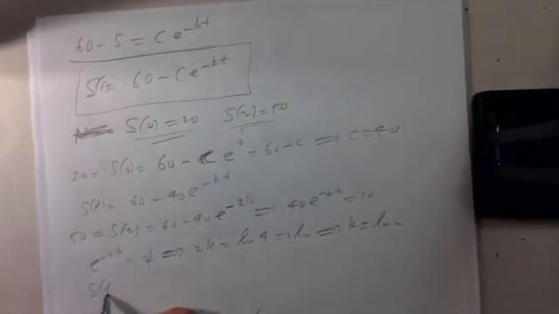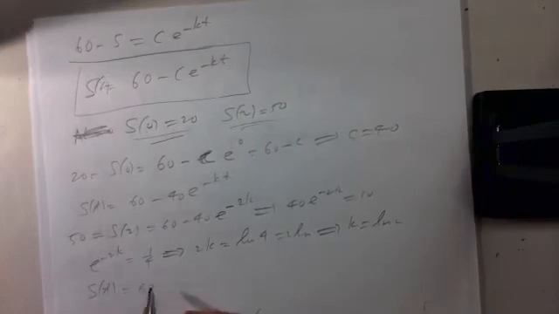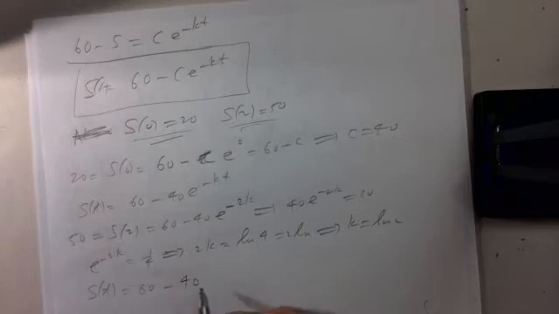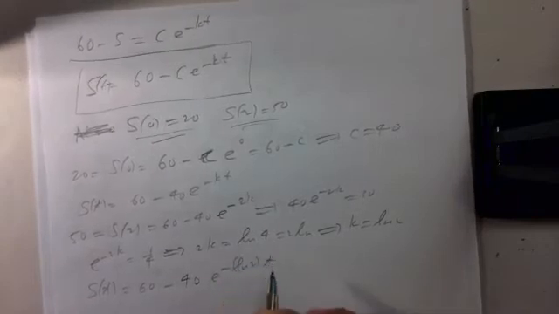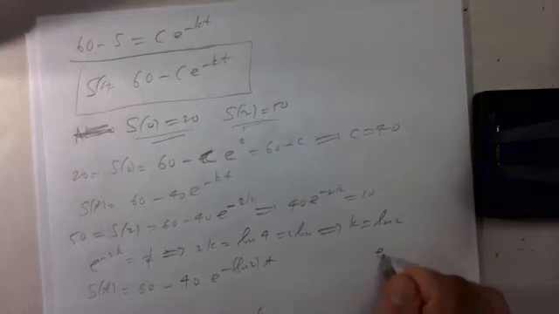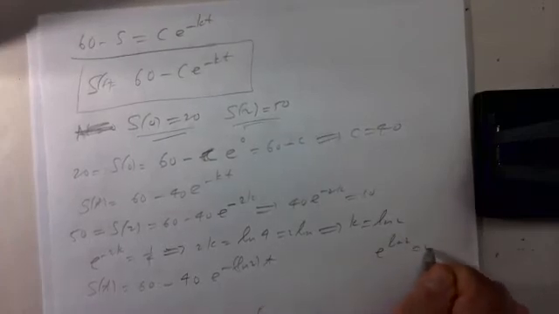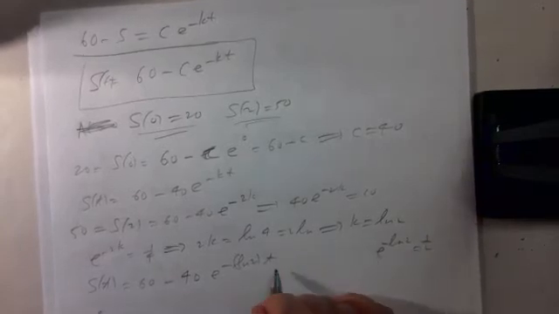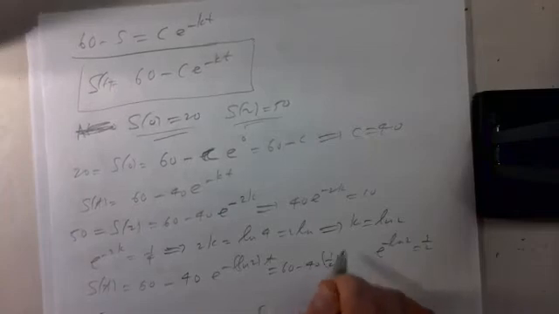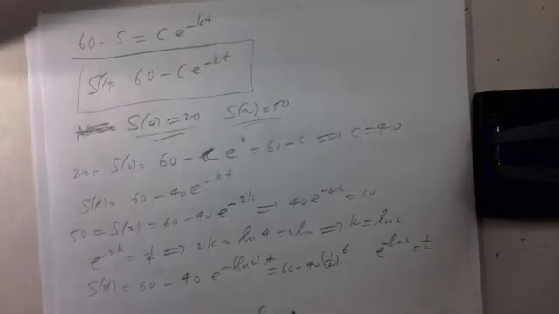So S of t is 60 minus c, where c is 40, e to the minus log 2 times t. e to the log 2 is 2, so e to the minus log 2 is a half. So this is 60 minus 40 times 1/2 to the t. That's our function. Let's just check.